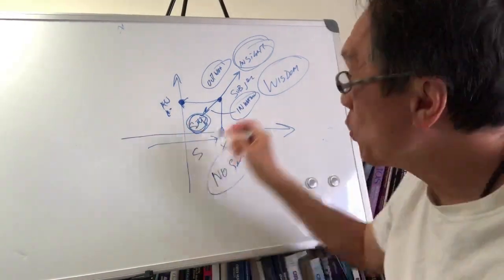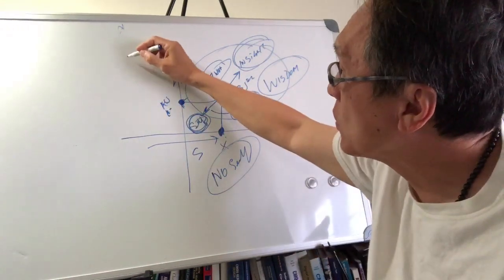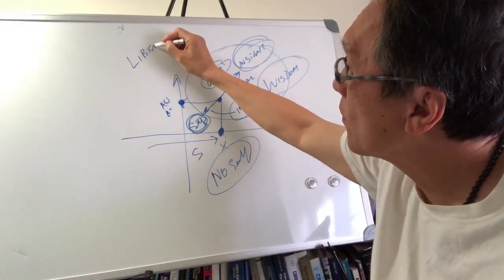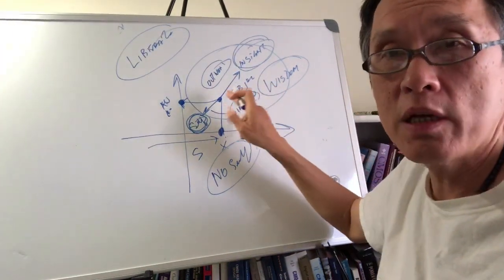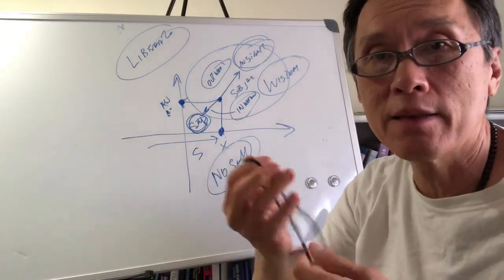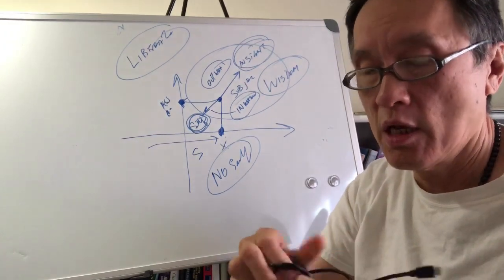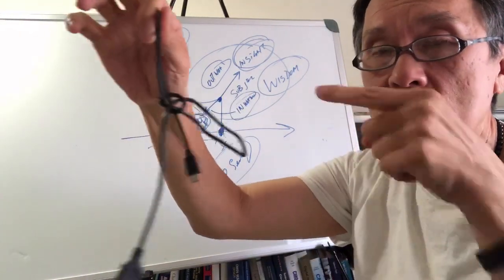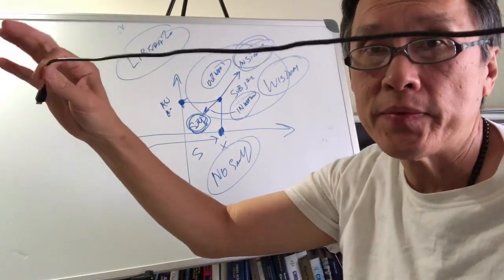And with this wisdom, one is able to liberate oneself. Because here, one is able to see the knot and see how it can be untied.